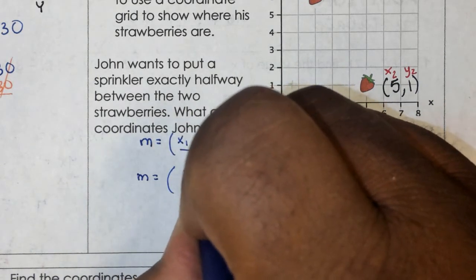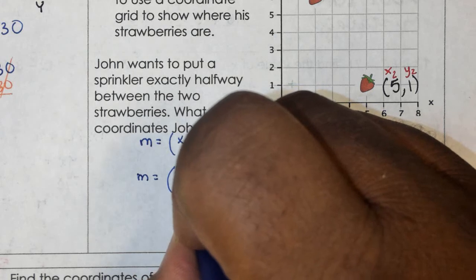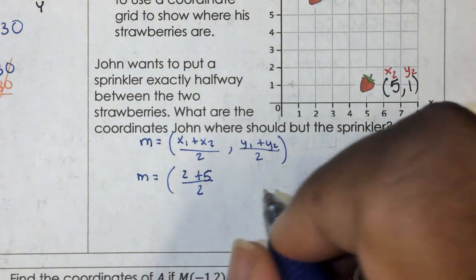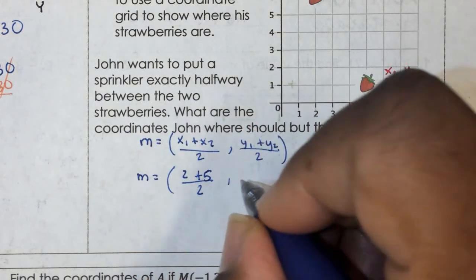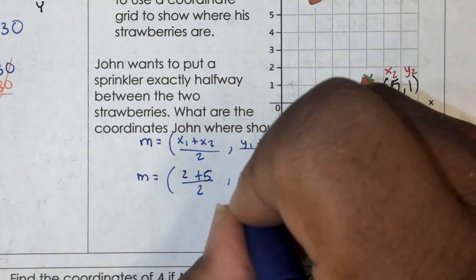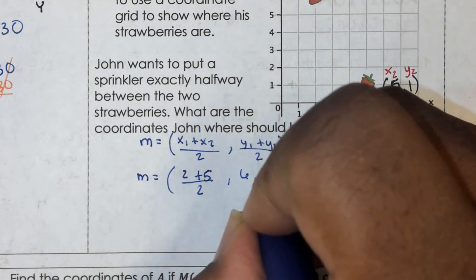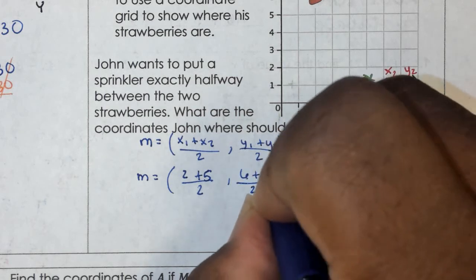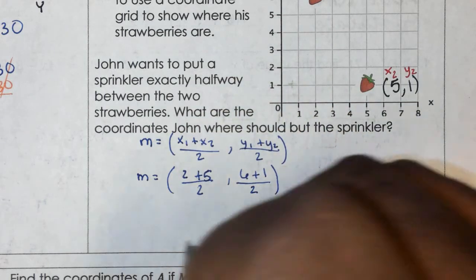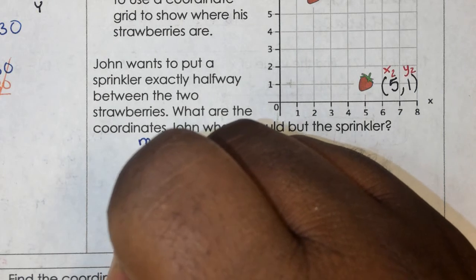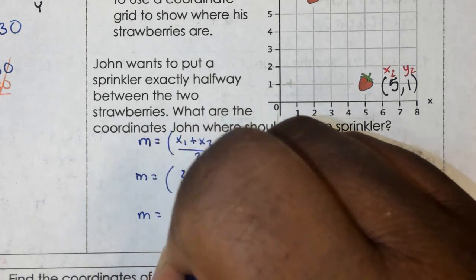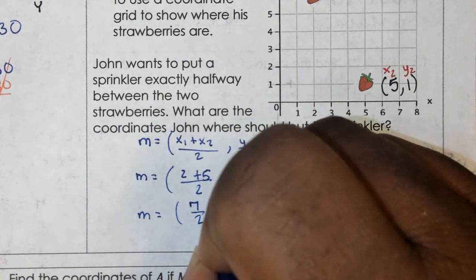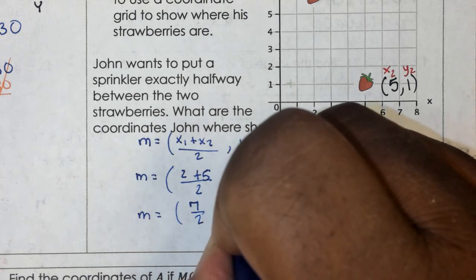X2 is 5 divided by 2. And then next one, 6 plus 1 divided by 2. Add those together. M equals 7 over 2, comma, 7 over 2.